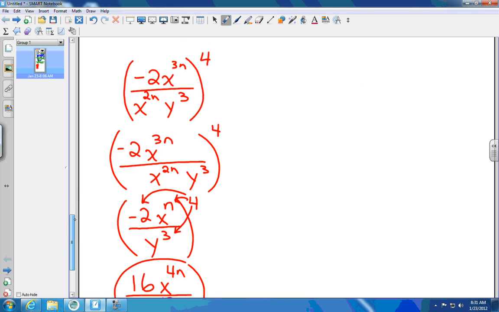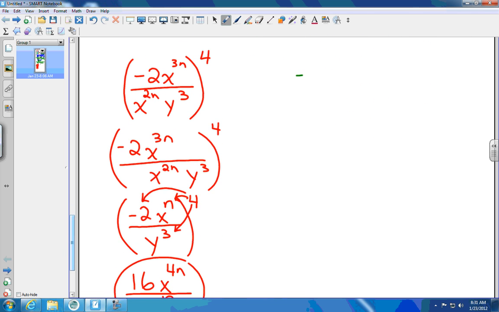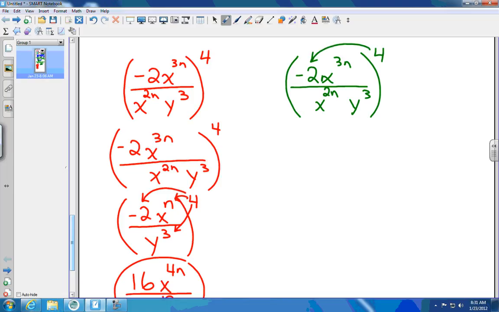So the same problem, we'll do the other way first. -2 x to the 3n over x to the 2n, y to the third, all raised to the fourth. So you can take that all to the fourth power in your first step. So -2 to the fourth was 16.